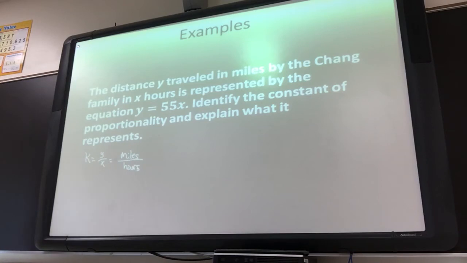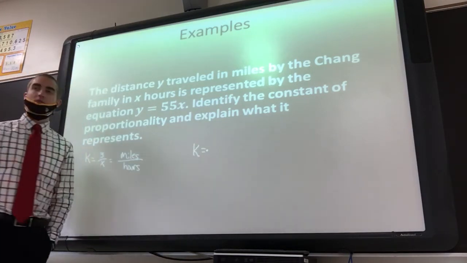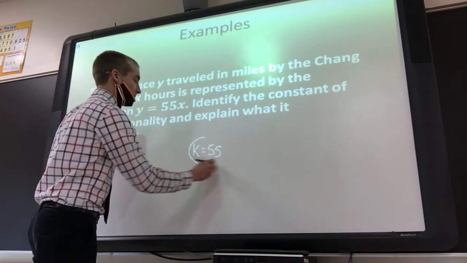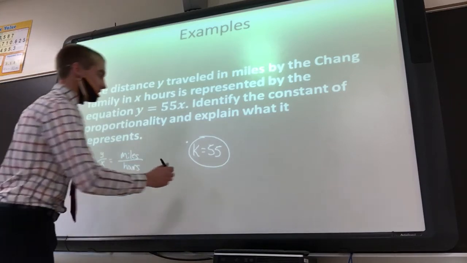Okay? So that'll help us identify the constant of proportionality. What is k equal to? 55, just the number right in front of x. And then what does it represent? How many miles they go in an hour?